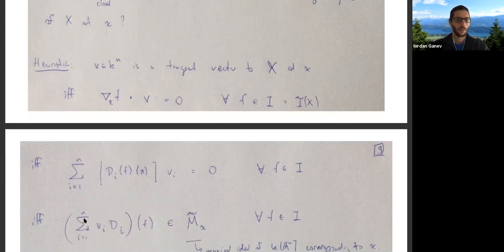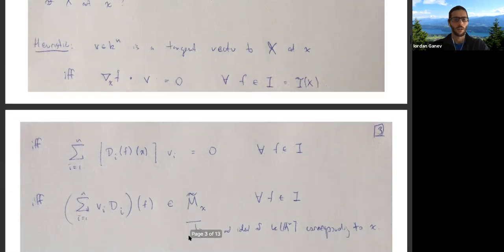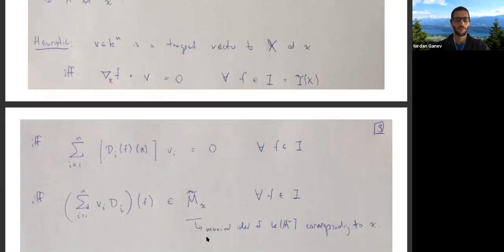So now we have a linear combination of partial derivatives, and we apply that to f, and this is supposed to vanish at x. That means that it belongs to the maximal ideal of functions vanishing at x, which I'm calling m tilde sub x here.